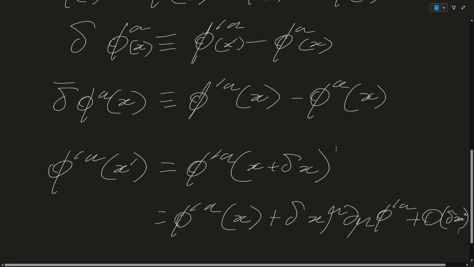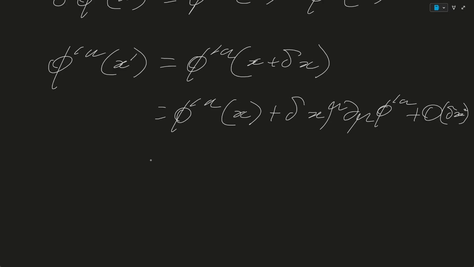And I'm just going to leave that as epsilon squared for the future. Well, this leaves us then with phi dash a of x, which is this. Yes, plus.